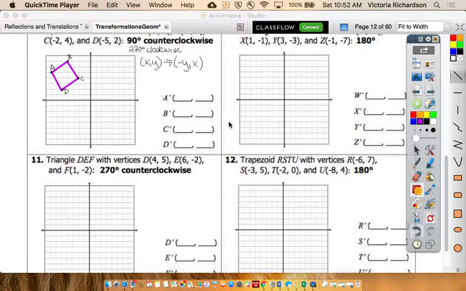So now I've drawn my original square, and I need to rotate that 90 degrees counterclockwise. Now I want you to try this one on your own. So I'm going to pause the video and then walk around and watch you work. The first 3 people that get it correct, you'll get some Trojan bucks. So go ahead and get started.